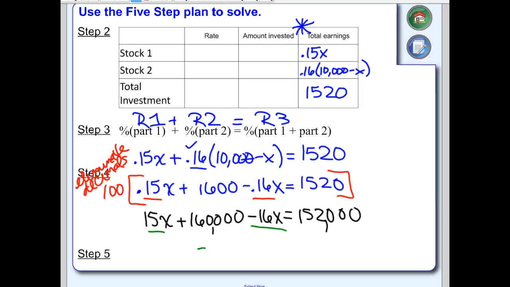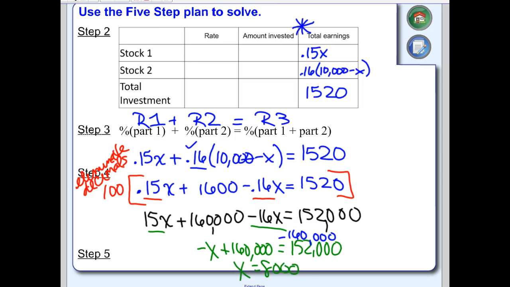Yep, negative x plus 160,000 equals 152,000. I've got to subtract 160,000. Now hopefully you realize they're different signs, and so I put the bigger one on top. And we're going to end up with x equals 8,000.